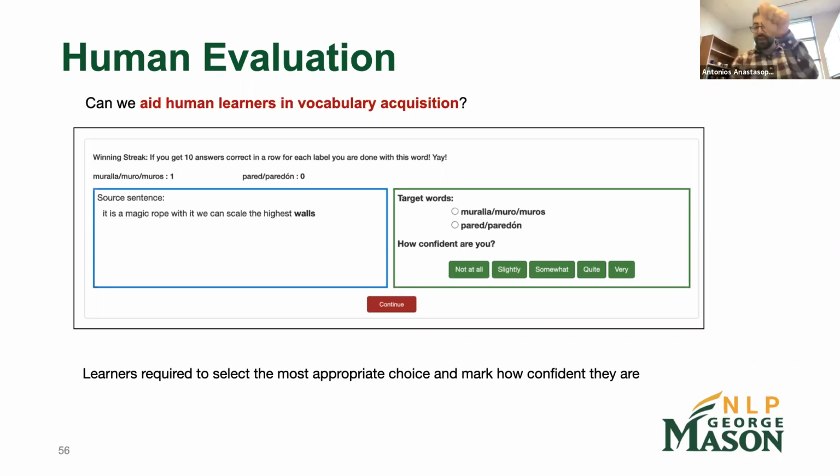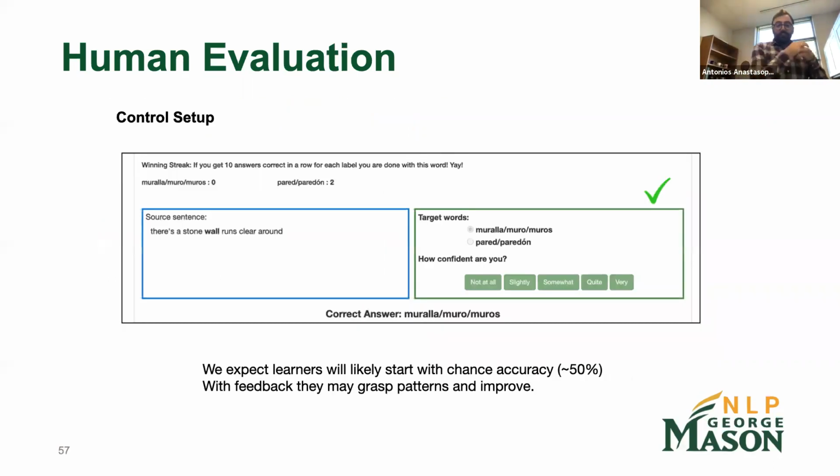So the moment they select those and then they click continue, they get feedback that tells them, yes, this is the correct prediction, or no, you made a mistake. And then we aggregate all the information to see how well we learn, right? Now, this is our control setup, where it's exactly what I showed you before. If you take someone who doesn't speak Spanish and you give them this task, essentially they will start with chance accuracy, right?